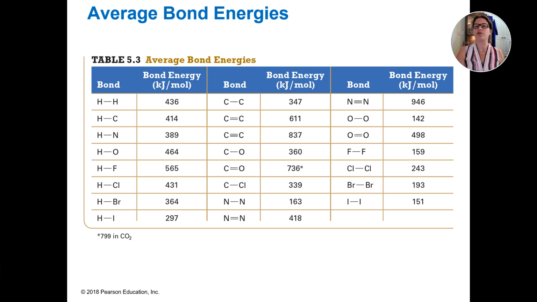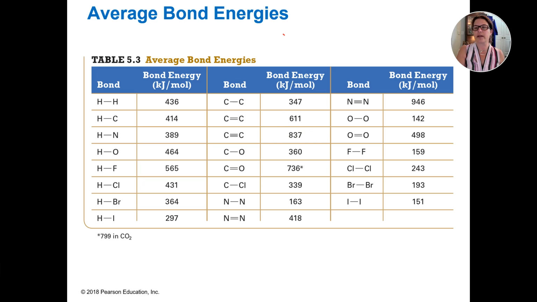But on a test, you don't have to memorize any of these, but you do need to understand how to use them. It'll be very important when we get to calculating bond energy, products minus reactants, which we'll get to in a second, and making sure that when you're calculating, you're actually using the correct number based on what you have.